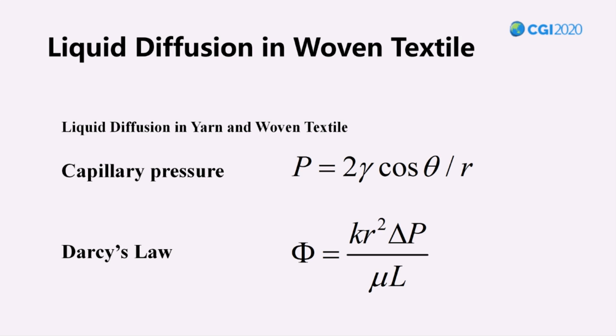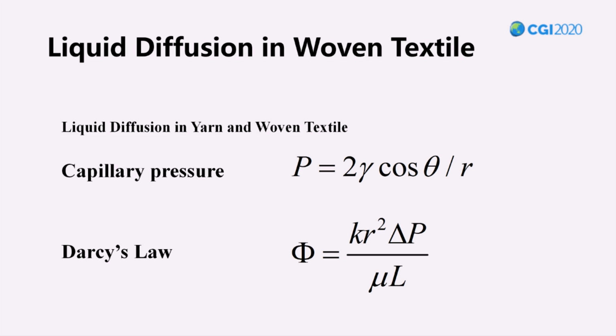With the core knowledge of liquid-yarn interaction, we can calculate transport of staying liquid in woven textiles and the diffusion of liquid in textiles, which are controlled by capillary pressure difference.